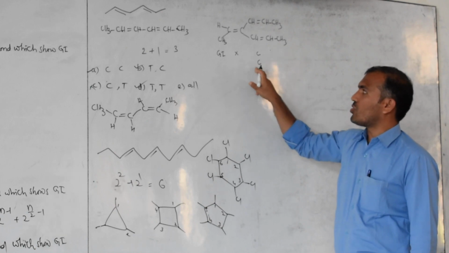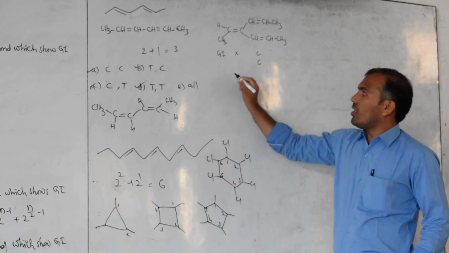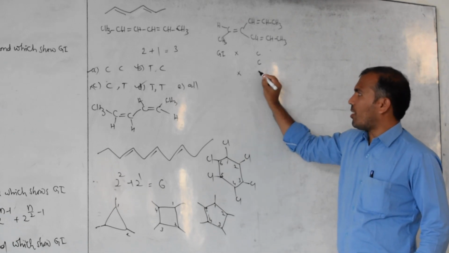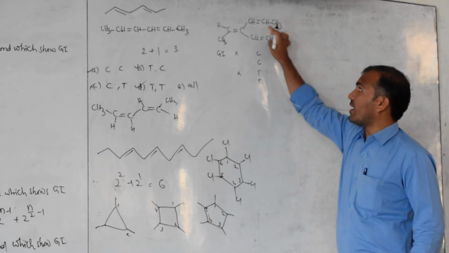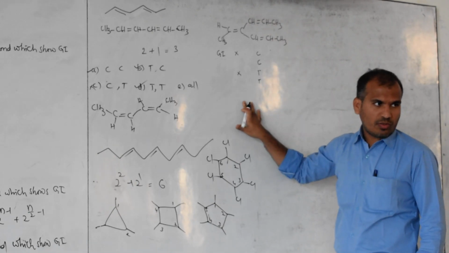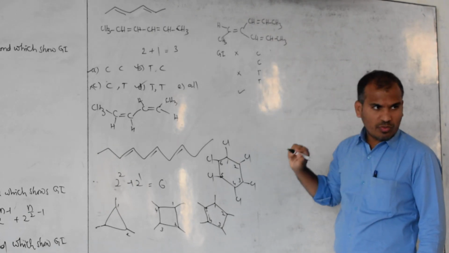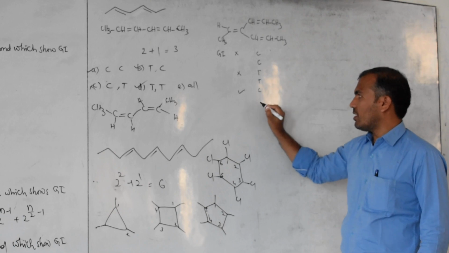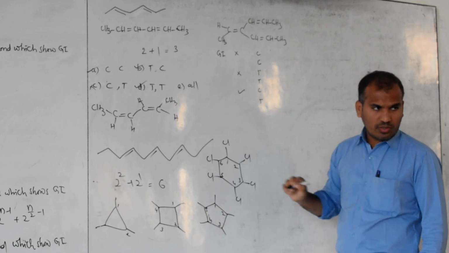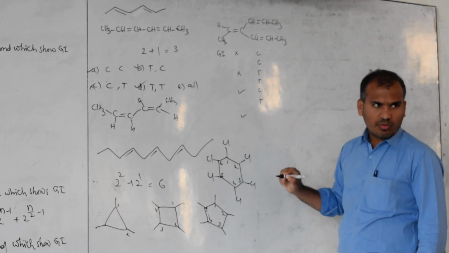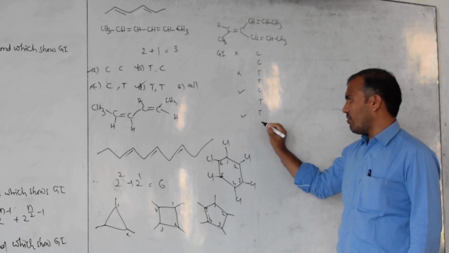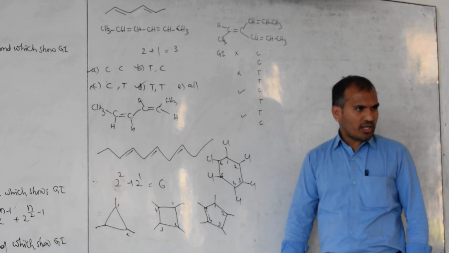It does not show geometrical isomerism, and also when the upper part is trans and the down part is trans. It shows geometrical isomerism if one is cis and the other is trans, or one is trans and the other is cis.